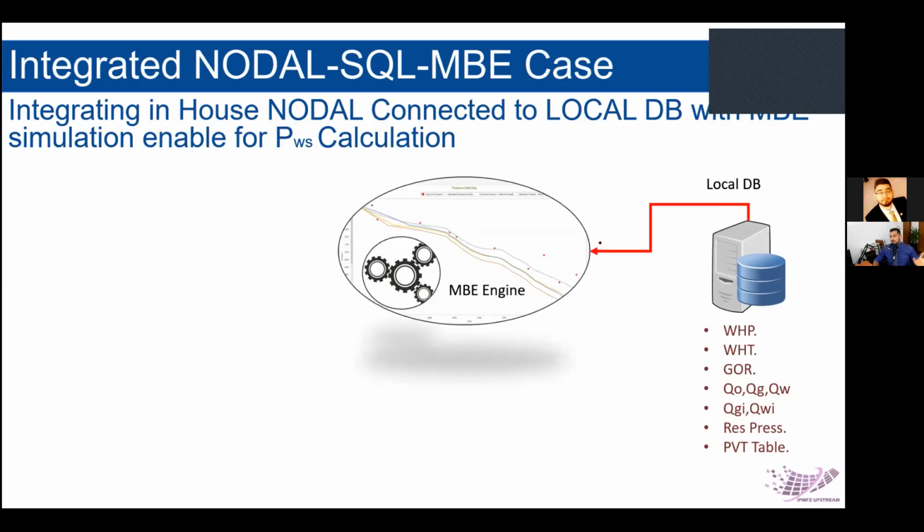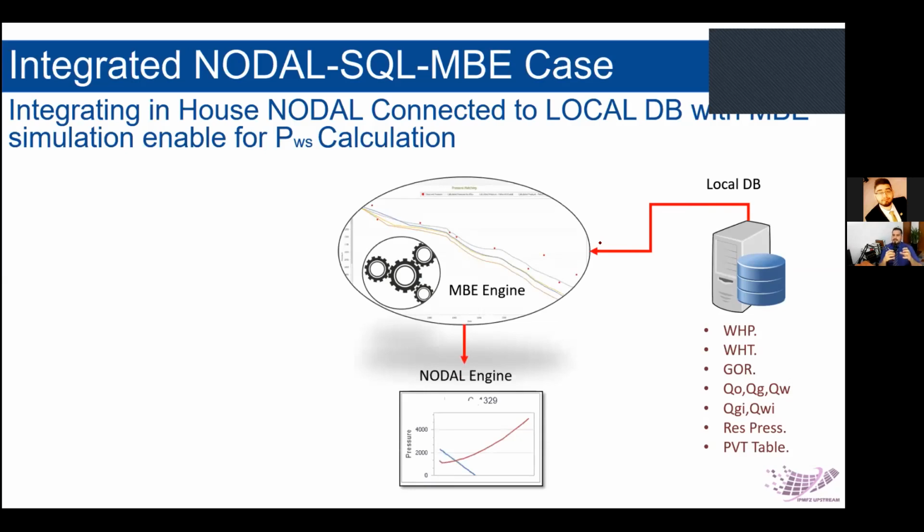The user should not intervene, by the way. If the user starts to intervene, it means your solution is failing and not doing its purpose, because the sole purpose of these types of solutions is to cut man hours, and it's much more accurate and much more efficient. So all of this data is plugged into the material balance engine.